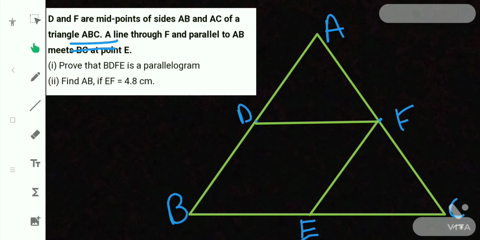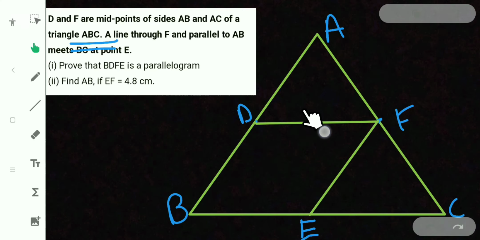First you should know what a parallelogram is. When two opposite sides are equal and parallel to each other, it is known as a parallelogram. In order to prove a quadrilateral is a parallelogram, we can take all the sides and prove that the opposite sides are parallel to each other.